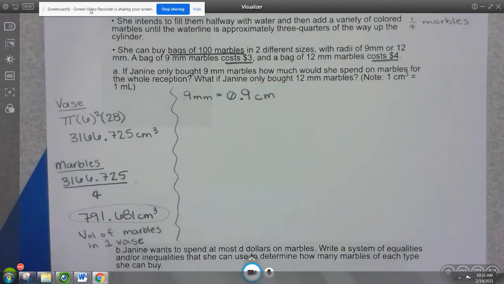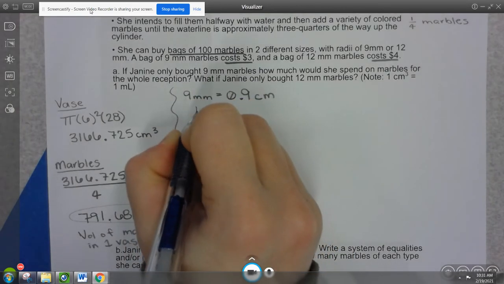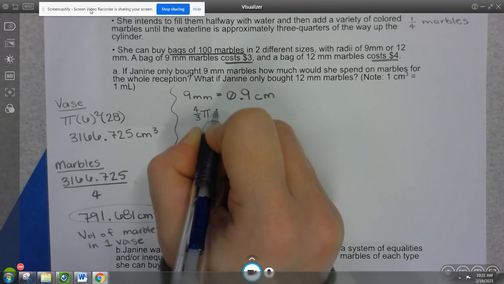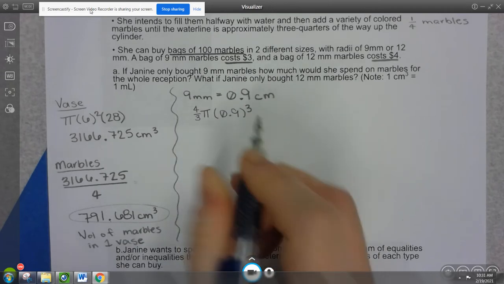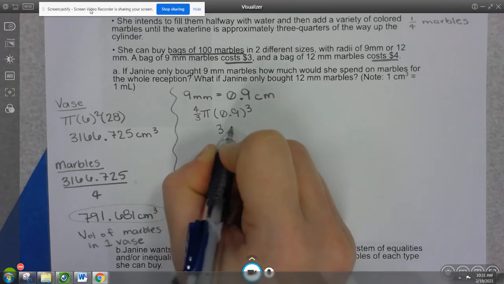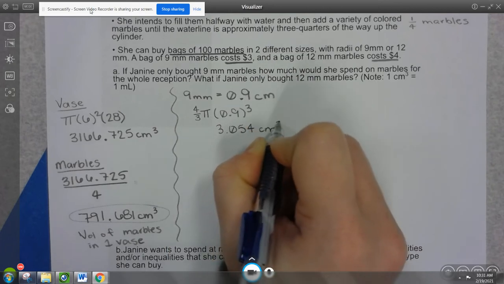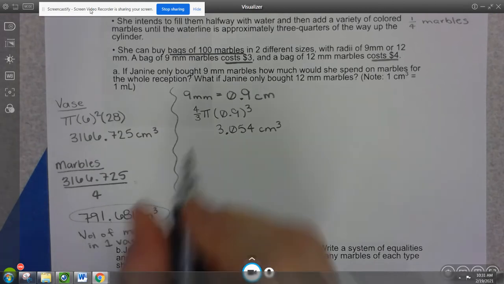So that would be 0.9 centimeters. And since this is a ball or a sphere, I'm going to use the sphere volume formula, which is 4/3 pi r cubed, which is about 3.054 cubic centimeters for my 9 millimeter marble.